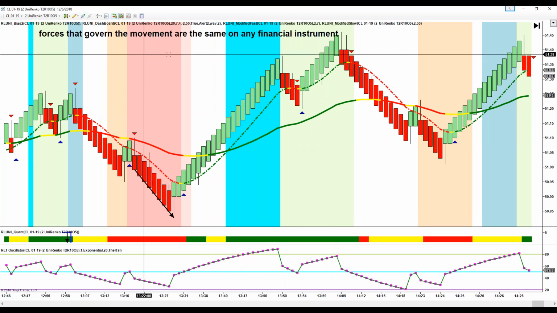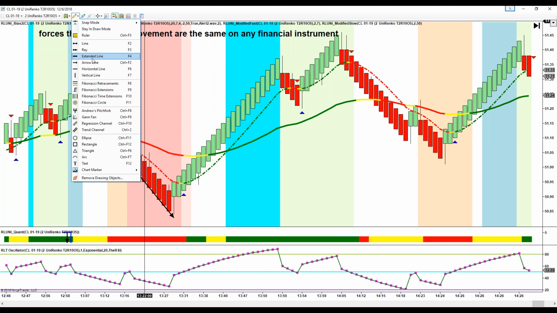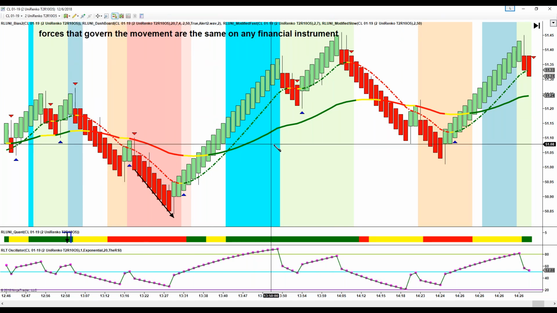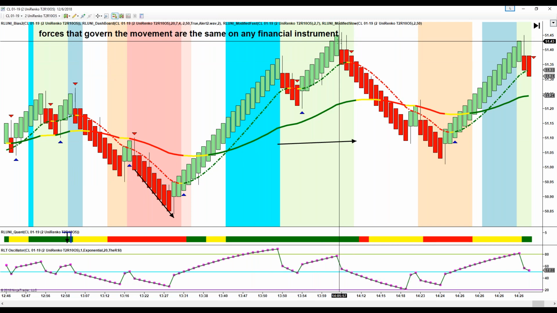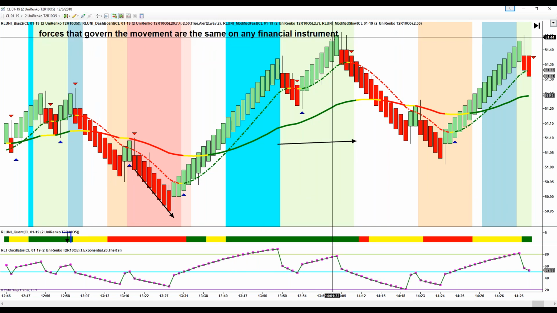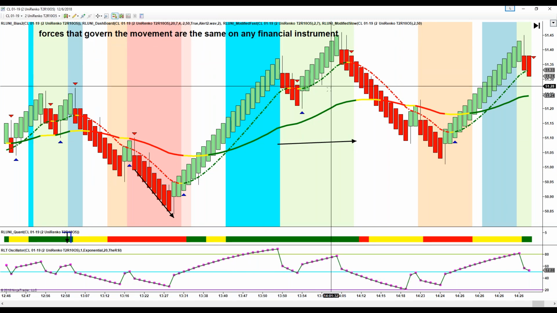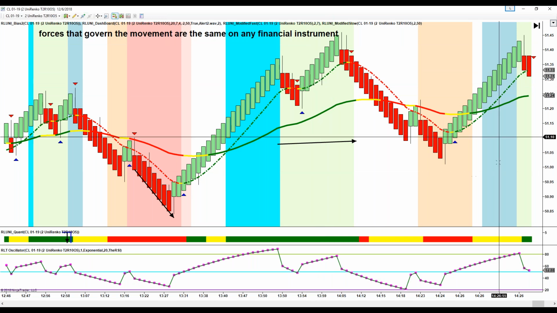But since this is the truth, and it's just intuitive that if you have a multi-time frame alignment to the upside, you can see price always rises. And when money flow is positive, price also rises. It doesn't matter what the instrument is, and it doesn't matter what the time frame is. So yeah, it works on everything.